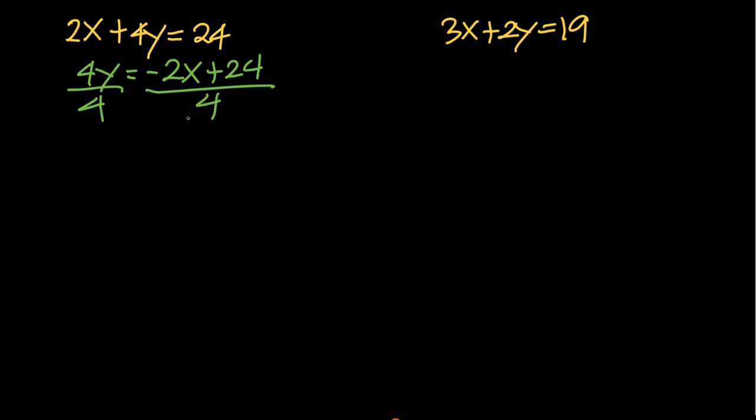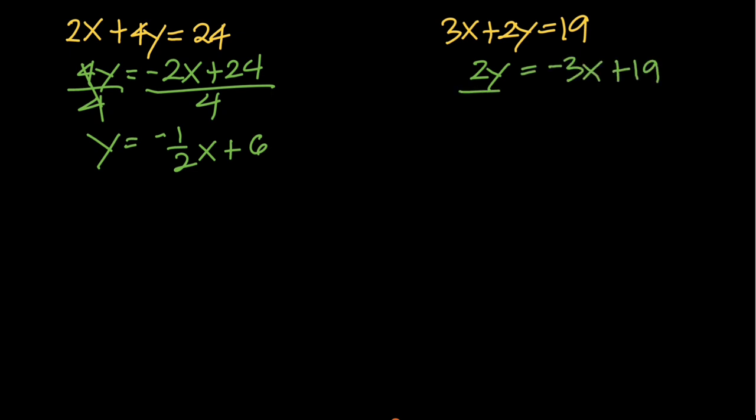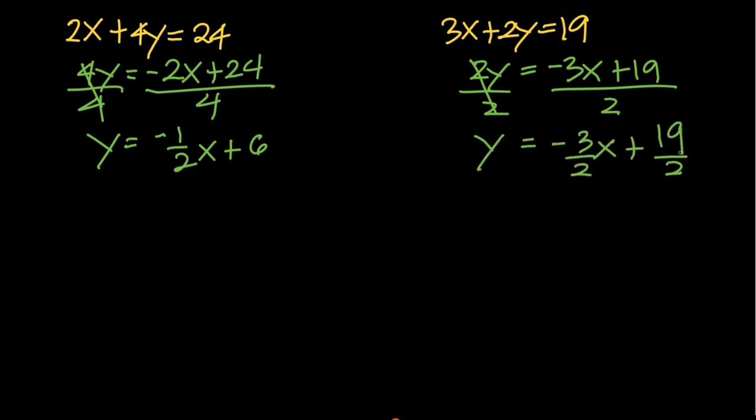Divide by 4, so y is negative 1/2 x plus 6. Then 2y equals negative 3x plus 19. Divide by 2, so y is equal to negative 3/2 x plus 19 over 2.